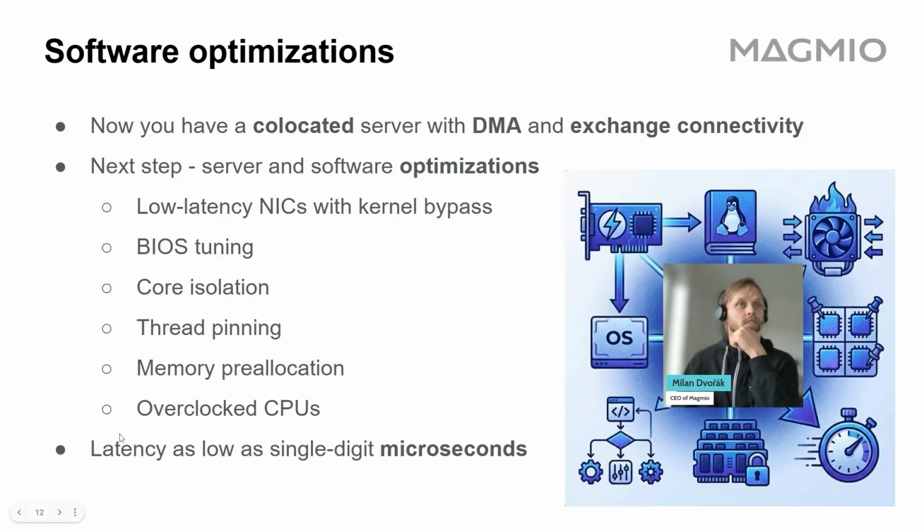So if you invest a lot of time and effort into this, and your developers really fine-tune your software, your latency can get as low as single-digit microseconds, and that's measured from wire to wire. So the incoming message from the exchange, containing a trade or a price update, on the input wire, all the way to the order message or the cancel message, the reaction that is sent back to the exchange on the outgoing wire.